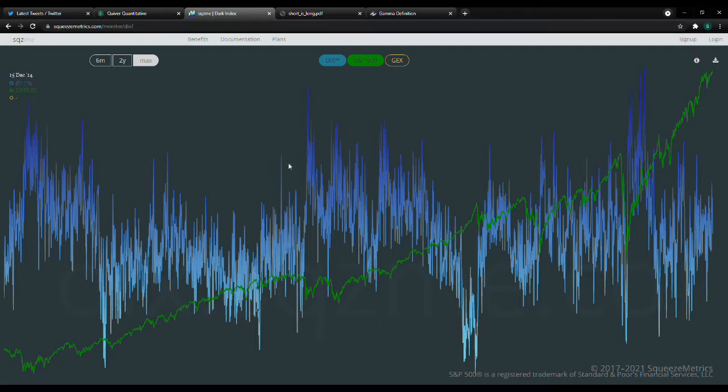So the highest peaks are after drops in the green line, which is the S&P 500. You can trade on that alone. When this peak is incredibly high, you buy.